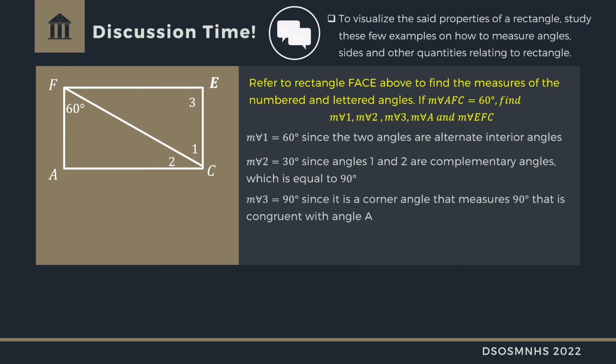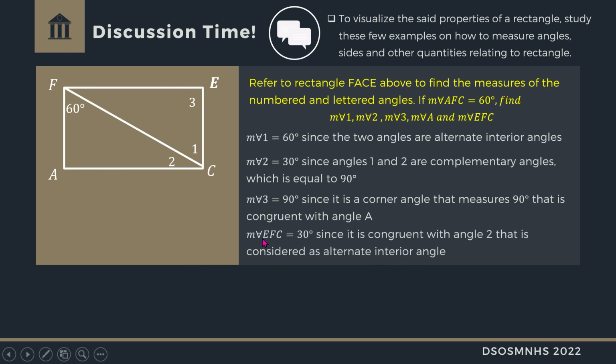Next, the measure of angle 3 is 90 degrees. Why? Since it is a corner angle that measures 90 degrees, that is congruent with angle A. So angle 3 is 90 degrees, and angle A is also 90 degrees. And lastly, the measure of angle EFC.